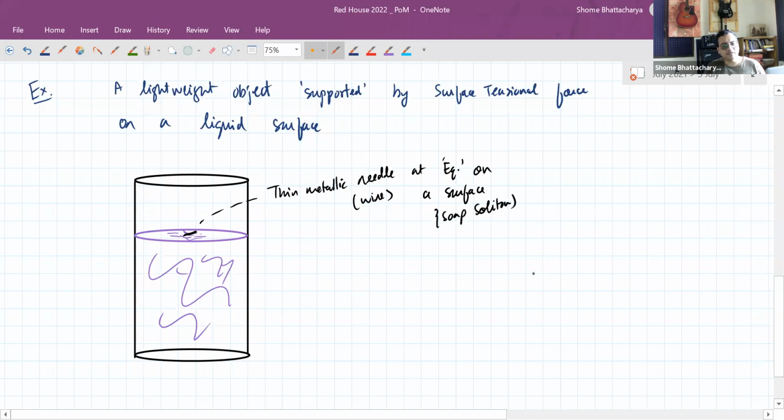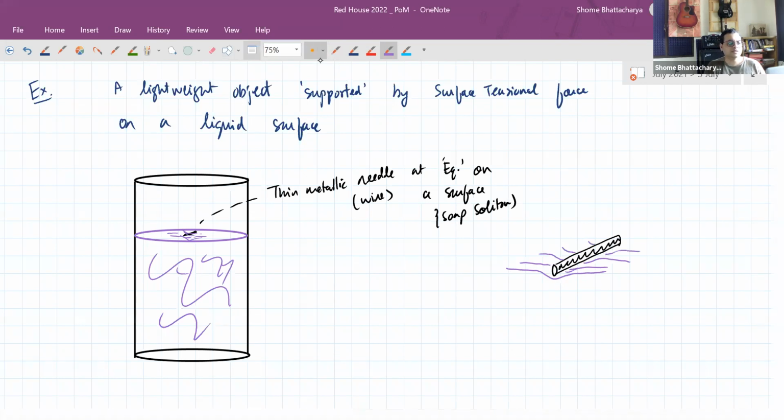Now if I magnify that diagram many times, let's say the needle is like a thin cylinder. I'm not really worried about the pointed end. I'm just talking about it like a cylinder, and the liquid surface where it is present is slightly bent like this. It's slightly contoured like this.